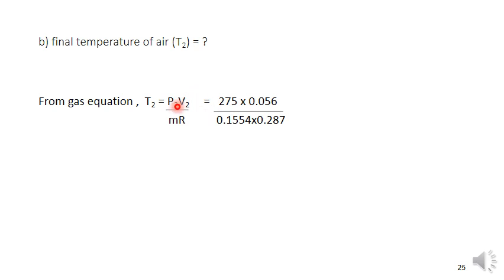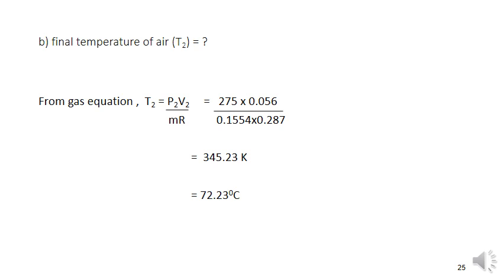Otherwise, by using the equation for state 2, T2 is equal to P2 V2 by mR. So P2 into V2 divided by m, 0.155 from the first part, and R value 0.287. So T2 is equal to 345.23 Kelvin. If you want it in degree centigrade, simply subtract 273, we will get 72.23 degrees centigrade.